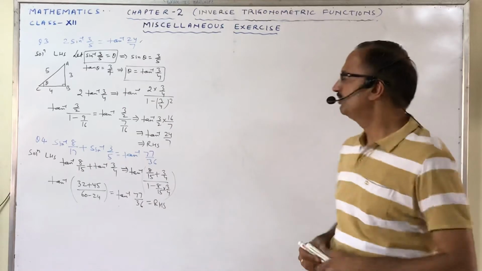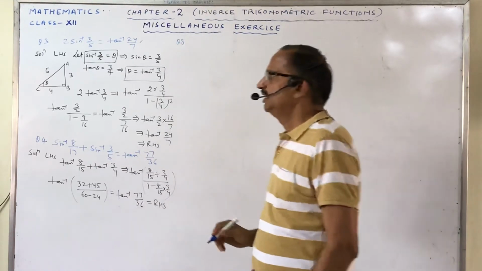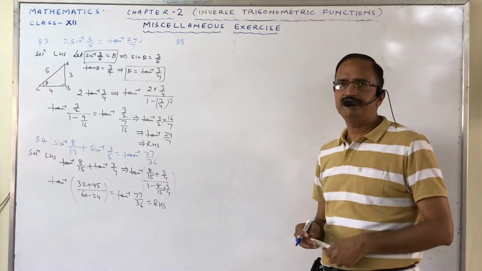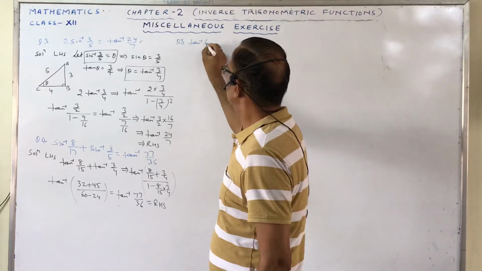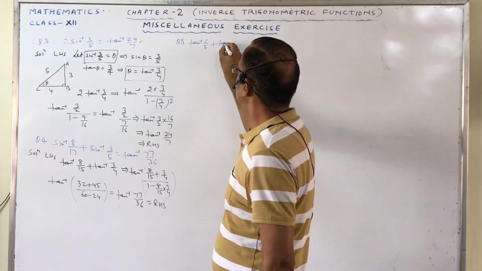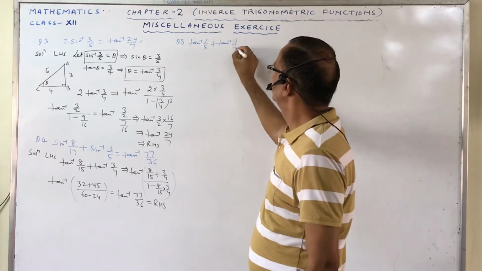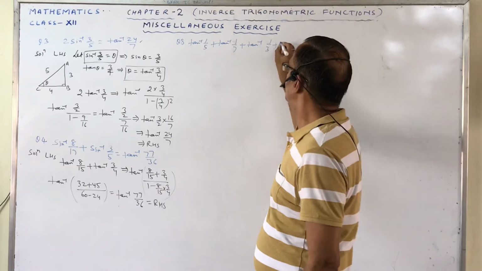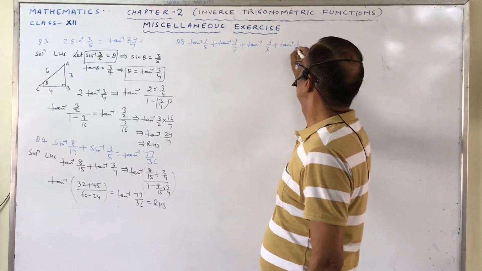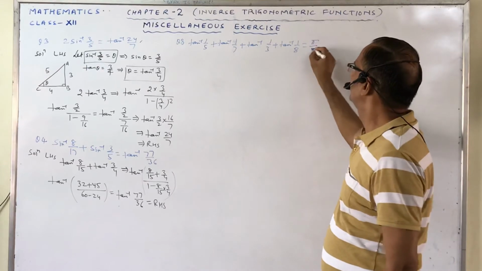Now come to question number 8. In question number 8 we have 4 terms in the left hand side, that is tan inverse 1 by 5 plus tan inverse 1 by 7 plus tan inverse 1 by 3 plus tan inverse 1 by 8 equals pi by 4.